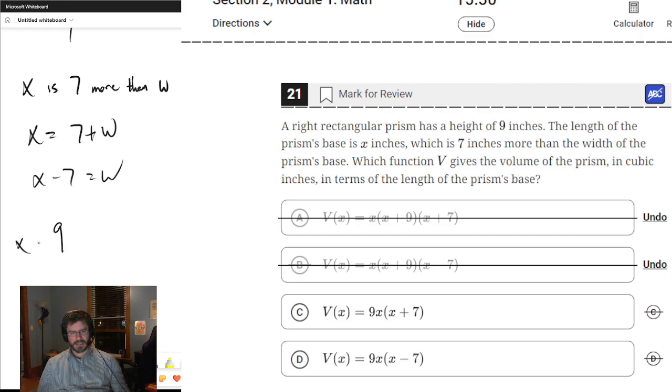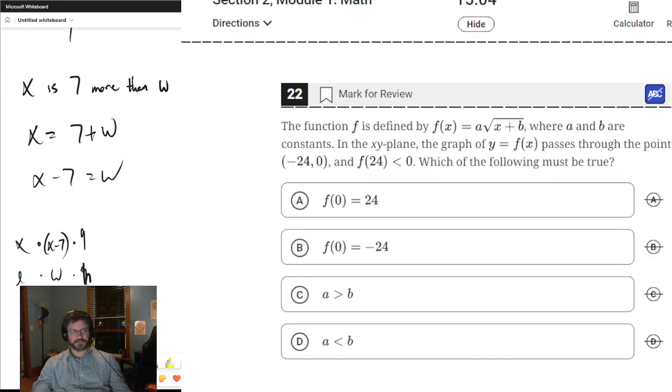So x times 9, length, times... sorry, just fighting with my stylus here. Length times width times height. The height is 9. The width is x minus 7, which we just solved for. So obviously it's going to be D. Okay.